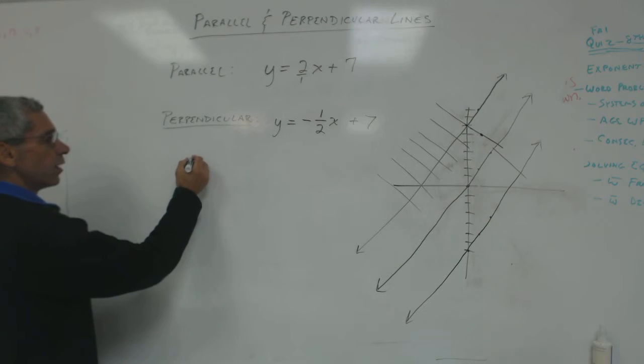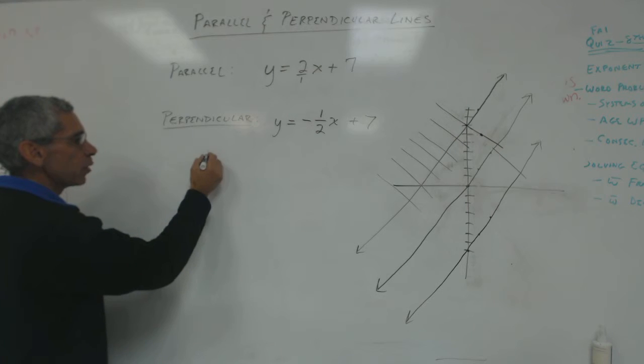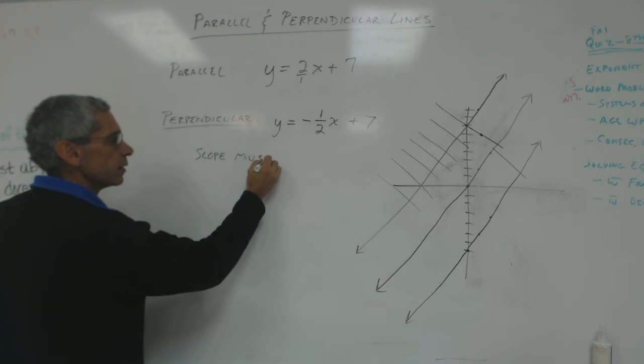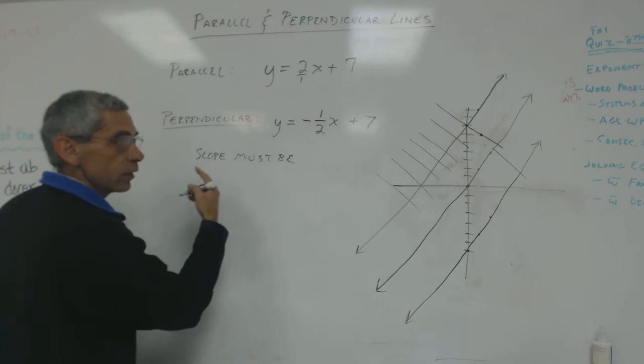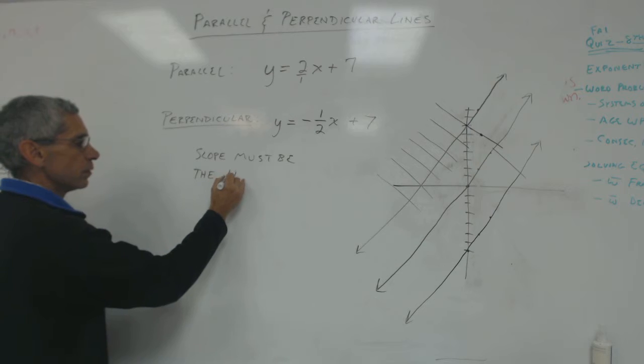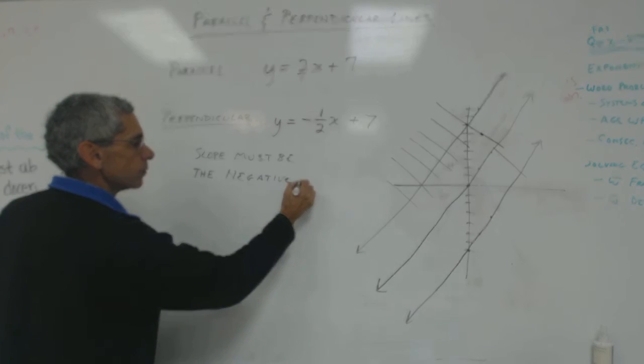It's complicated. All right, so to be perpendicular, the slope must be, this is how they usually word it, the negative reciprocal.